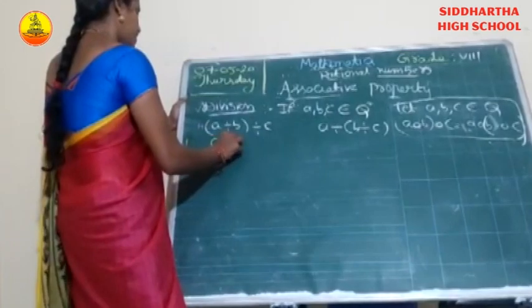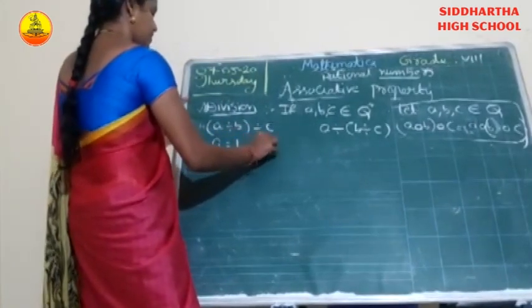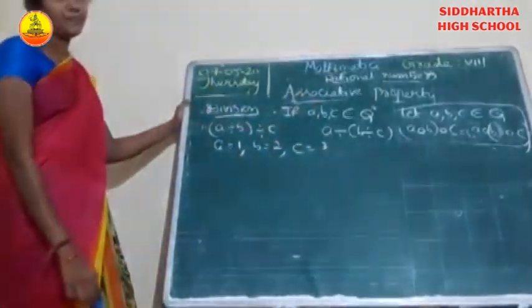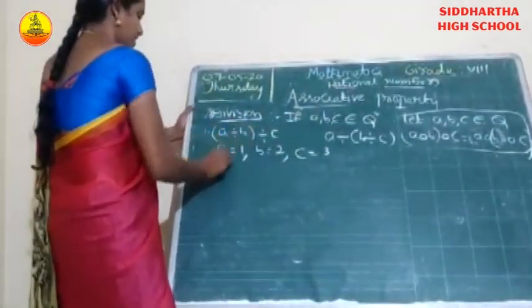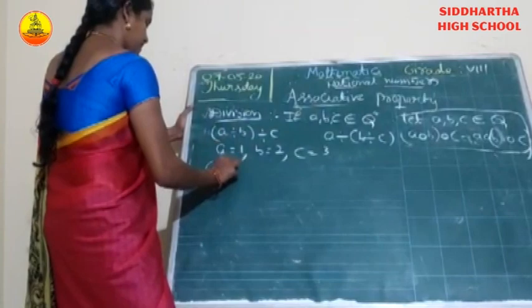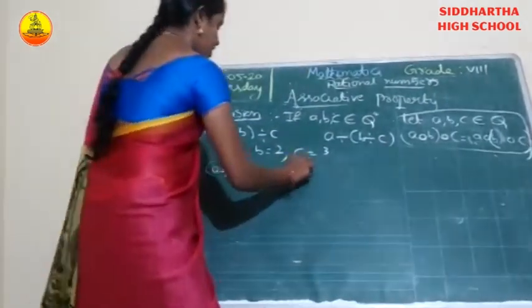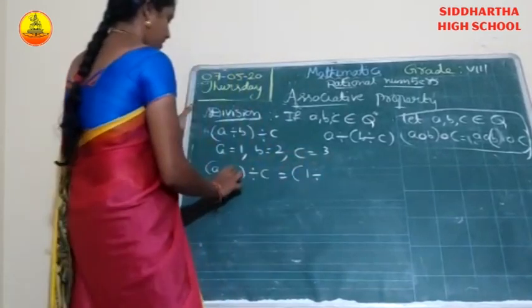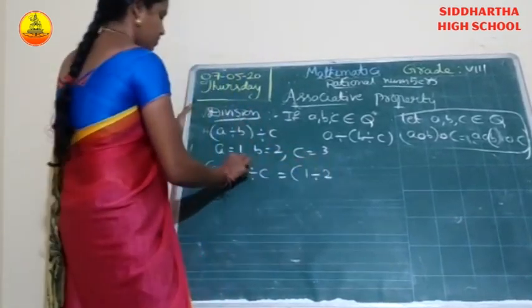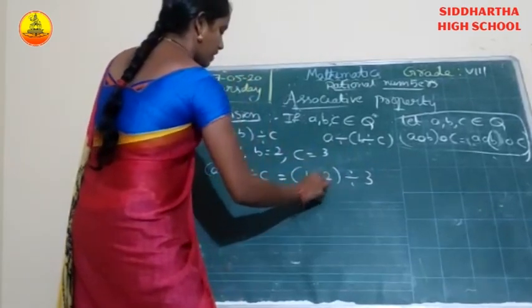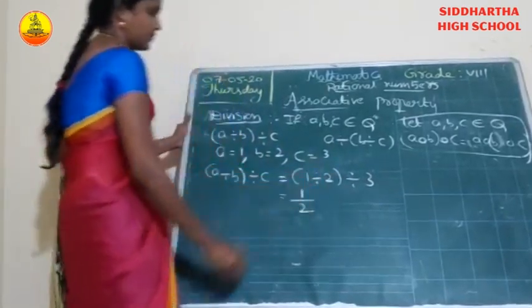Let us take the value of A as 1, B value as 2, C value as 3. Okay, you take this one, (A divided by B) divided by C. A value how much? 1 divided by B value how much? 2, close the bracket, divided by 3. 1 divided by 2 means 1 by 2.